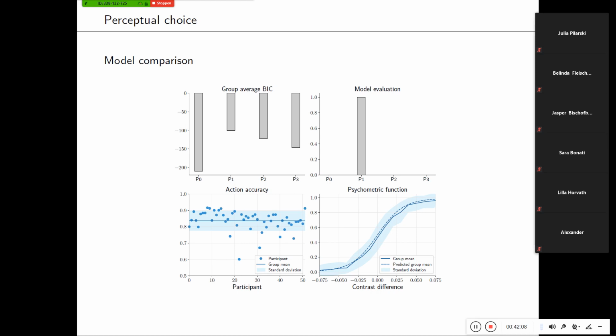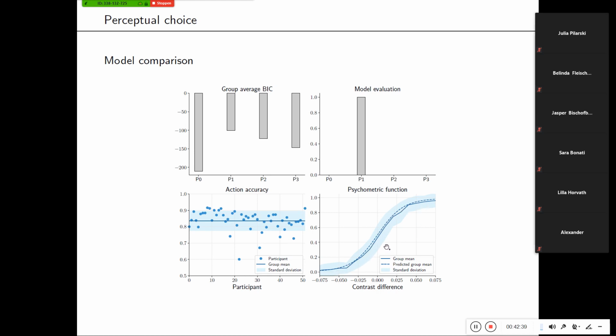Or you can come up with the theoretical prediction of the model, which is the probability of an action given the contrast, under the group maximum likelihood parameter estimate. So this is the theoretical prediction of the model.